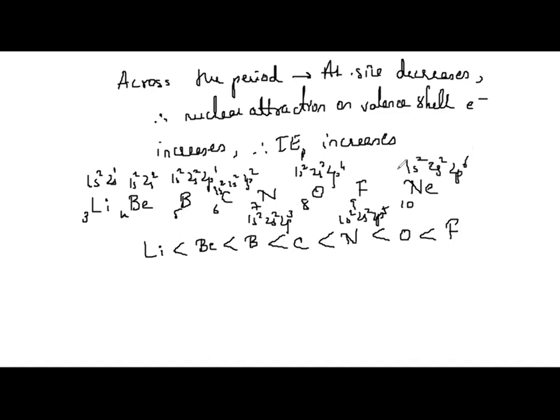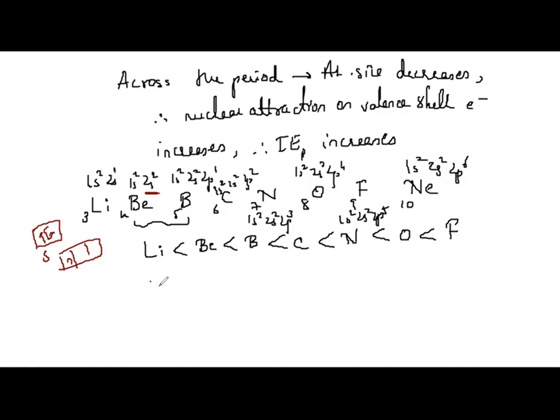So if you observe, in case of beryllium and boron, beryllium has got outer shell as S and it is having 2 electrons, so it is completely filled. Whereas boron is having outer shell P and it is having 1 electron. Therefore, beryllium will require more energy to lose its electron from the stable, completely filled configuration.